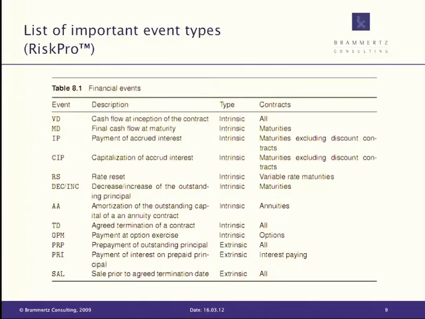So here we have a list of the most important events. VD, for example, and you will see these events, I think next week, something like that, when you run the first calculations on every contract. So VD is inception of the contract, so when the contract really starts.